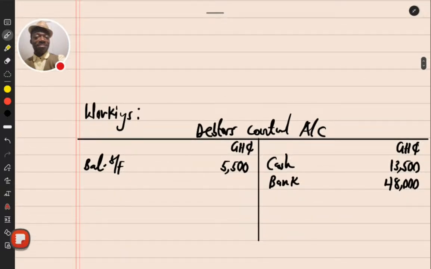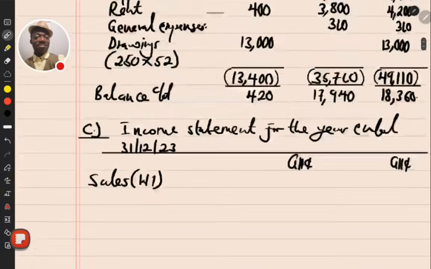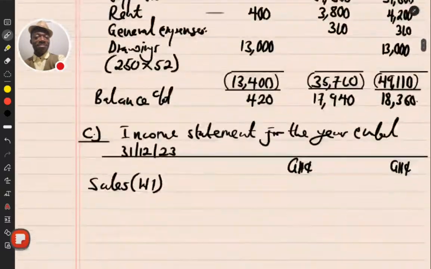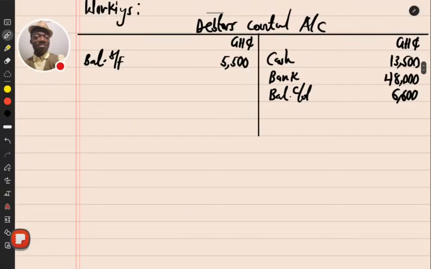Since it's going to be on the debit side, we will have the carry down on the credit side. So we call it balance carry down, and we record that as 6,600. Once you are through with that, then we need to find the totals.